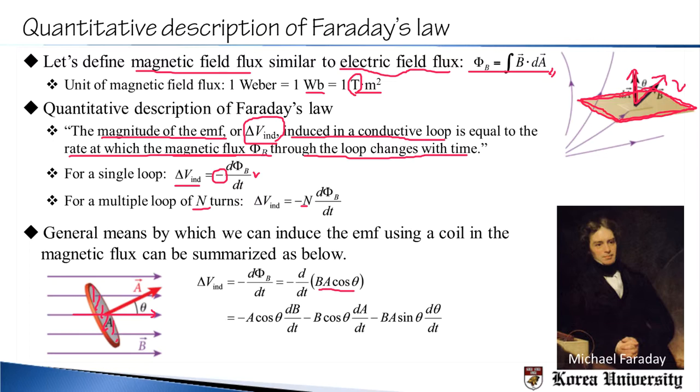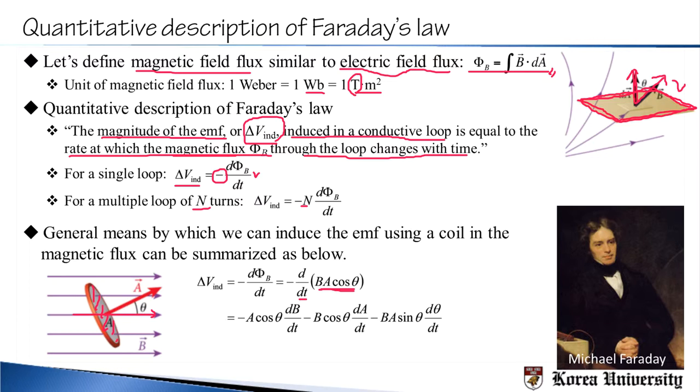Now we have to take a time derivative. So how do you take a derivative when there are many things multiplied together, and all of them can be changing? In that case, you have to take a time derivative of each of them while leaving the others intact, and then make a linear summation finally. So it's just like this.